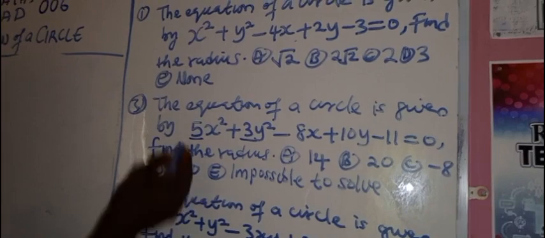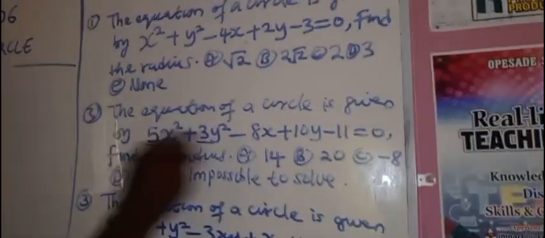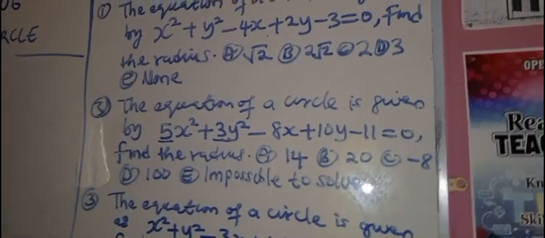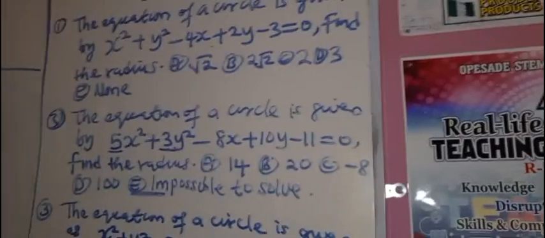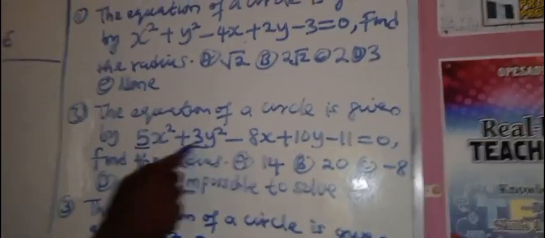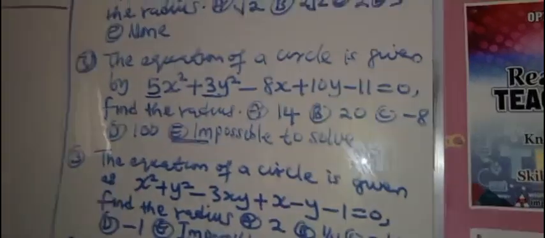One is 5, the other one is 3. Find the radius. This equation does not exist as an equation of a circle, so this answer is impossible. Don't even waste your time. Impossible to solve. When you see the coefficients of x squared and y squared not being the same, or not being equal to 1, it's not possible to do it. So impossible to solve.